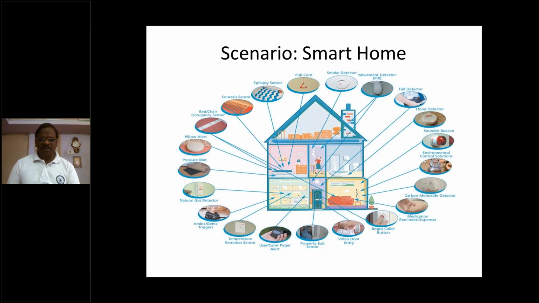So everything is under smart home technology. Most of the smart home technology is utilized by means of this special kind of computing. So smart temperature sensors, video door entry, and any kind of medication reminder, everything is carried out by means of this new technology.